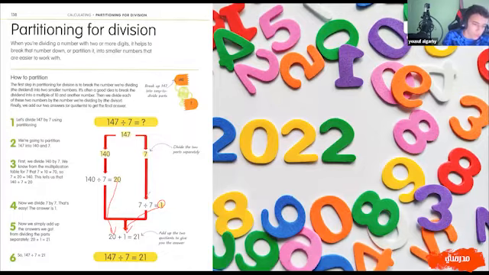Okay? So now we have 20 plus 1. So what does 20 plus 1 equal? 21, you're right. Okay, you guys are really quick with this. So 147 divided by 7 equals 21. All right, good job. Okay.